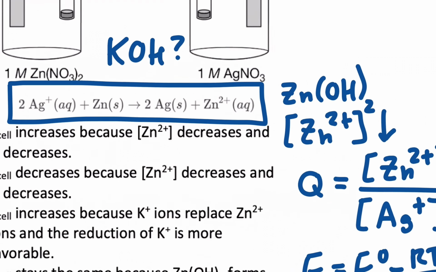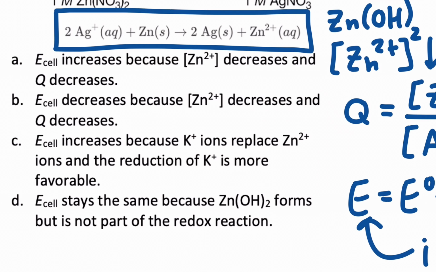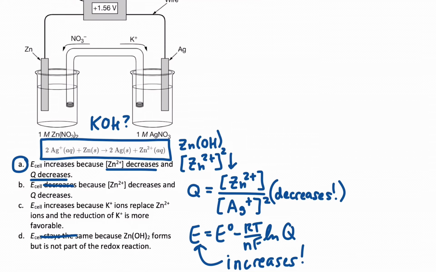Which is exactly what we expect if we thought of this as a Le Chatelier question. Removing zinc ion as a precipitate, more forward reaction, more voltage. So E cell will increase, it doesn't decrease, it doesn't stay the same. And the reason is not that K ions replace the zinc ions, but instead that zinc decreases and Q decreases as a result. So a long way to get to choice A.